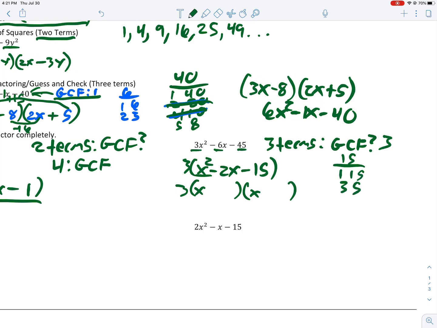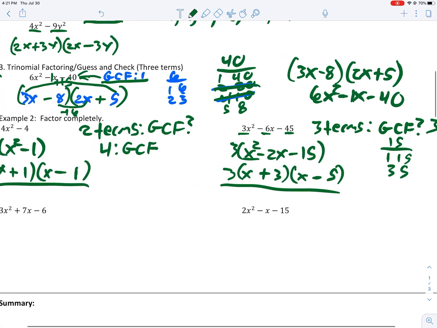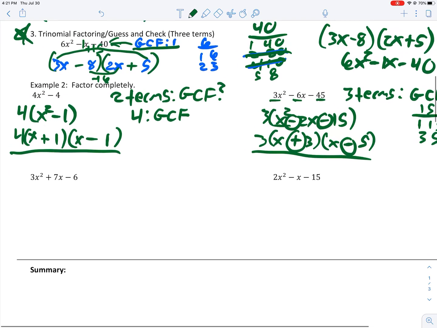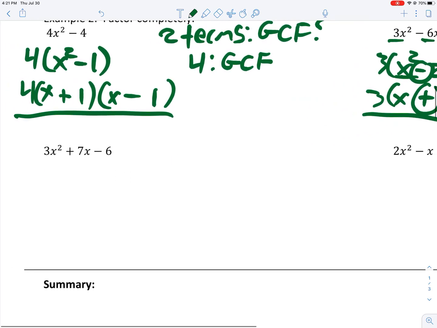Multiples of 15: 1 and 15, 3 and 5. Let's see, is 3 and 5 going to work? Can you get 2? Yeah, negative 5, positive 3. So there you go, completely factored. Understanding the signs here was helpful as well, it helps you determine these signs.